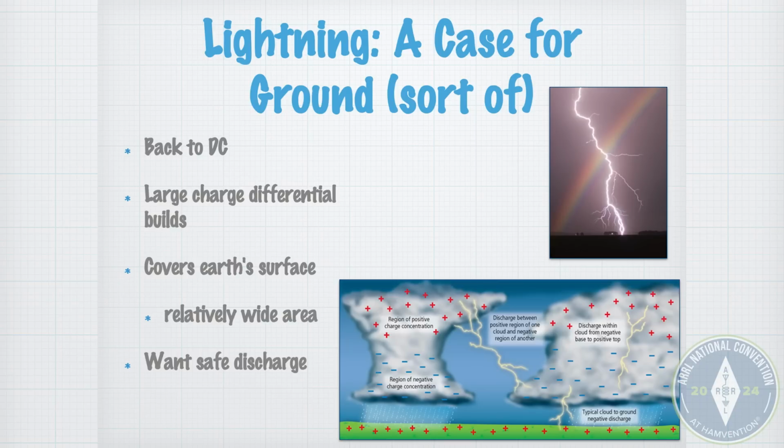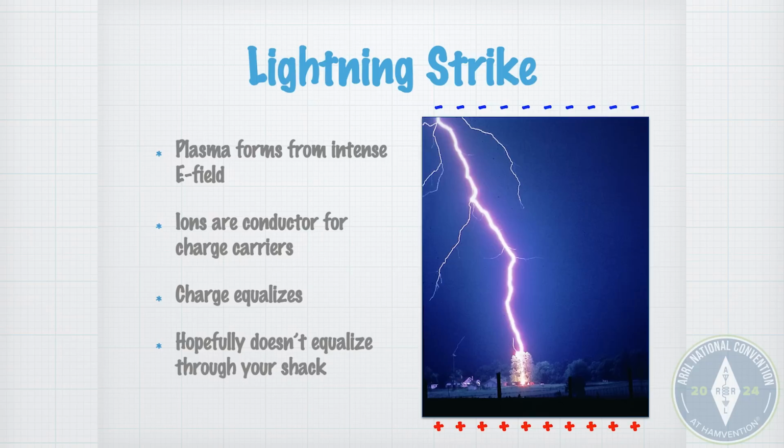But what we want out of this as hams and as homeowners is a safe discharge, or some way of safely equalizing those potentials. Here's a very simplified model of a lightning strike. We have this intense electric field, and it rips the electrons away from the atoms, and the nuclei are being pulled apart by this field, and then suddenly it starts conducting.